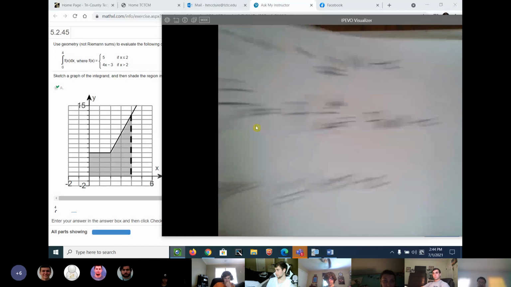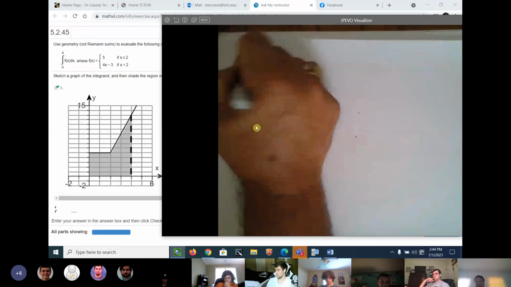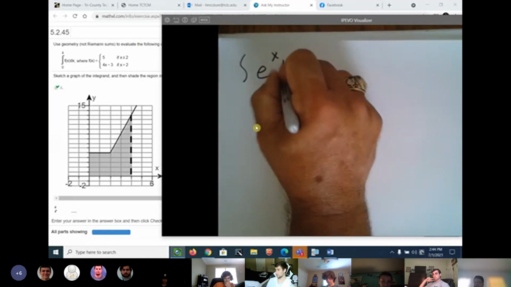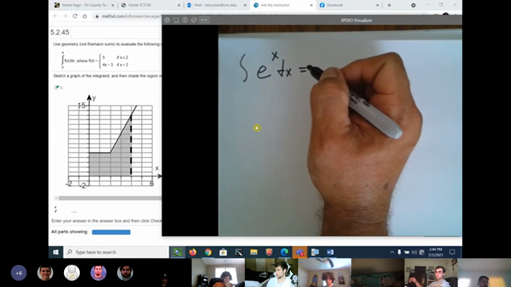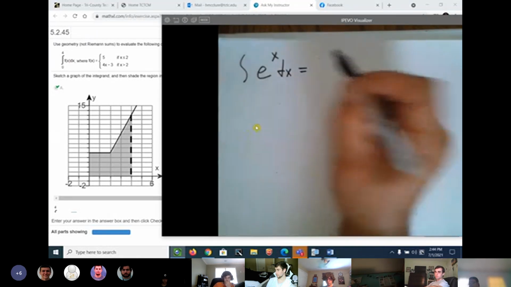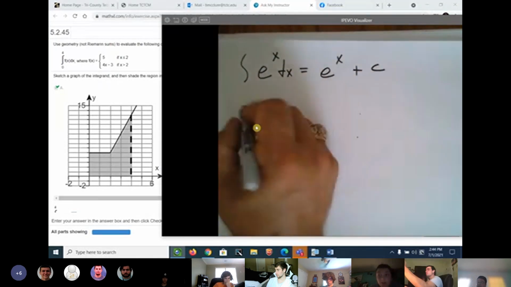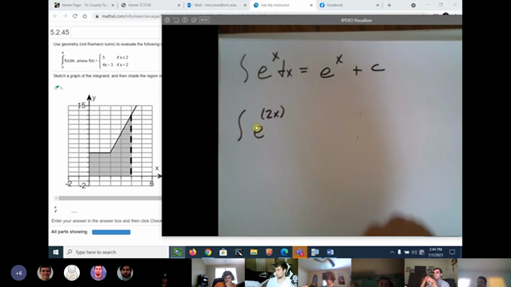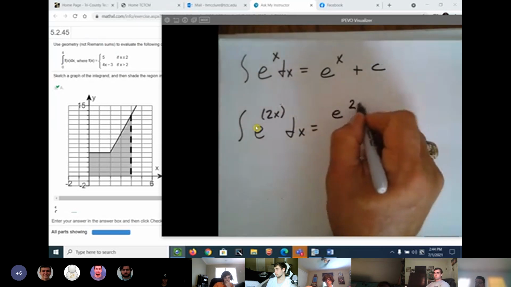What about e to the x? Well, we talked about e to the x. What is the derivative and the antiderivative of e to the x? E to the x. So if I give you the antiderivative of e to the 2x, I put my parentheses there to make you remember. That's going to be e to the 2x over 2.